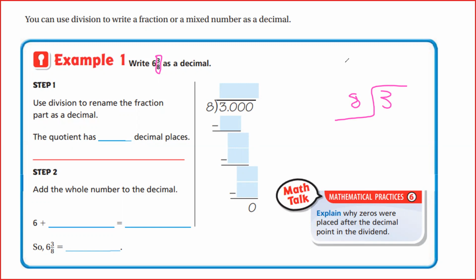Then next, 3 over 8. So, here we cannot. So, what do you have to do? You have to add a decimal point here and start. Now 3 over 8 we cannot. So we add 0. 0 times 8, 0.